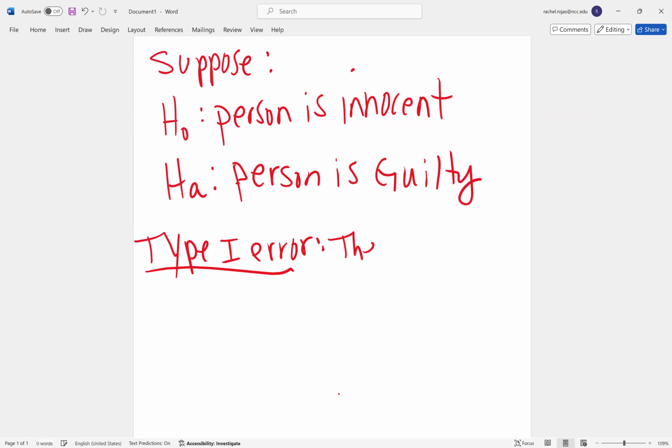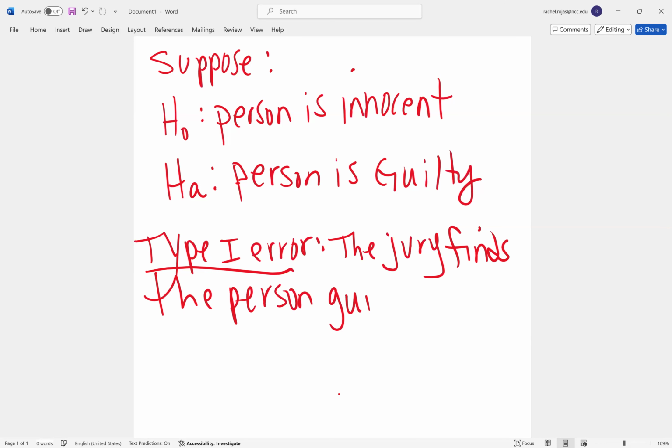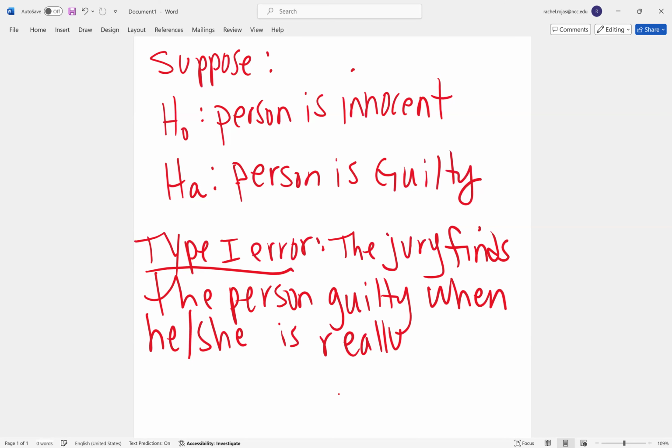So the jury finds the person guilty when he or she is really innocent. So that would be an example of a type 1 error if this was my null and my alternative hypothesis.